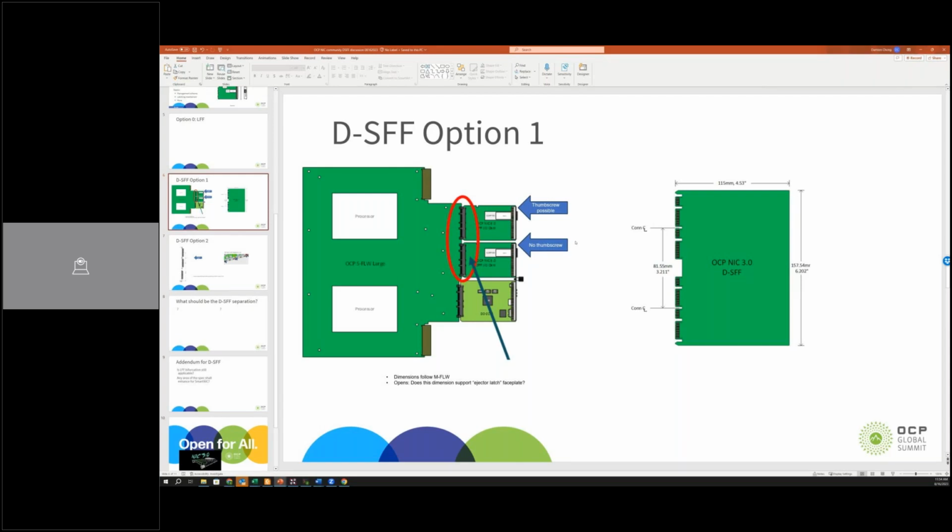The other side of the coin is the bigger that footprint, the harder it is to fit in every single system. So you also have to weigh that against the motivation to make the footprint for these devices smaller in common as opposed to slightly larger in common. That's our dilemma.